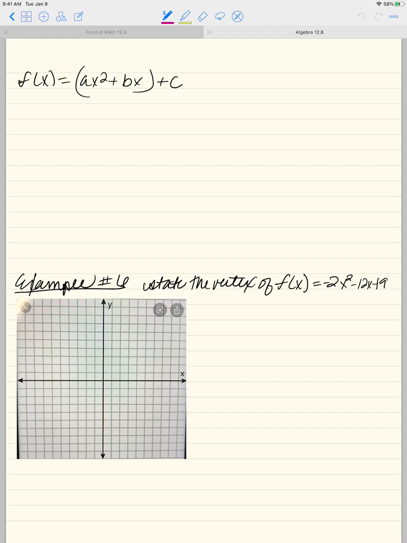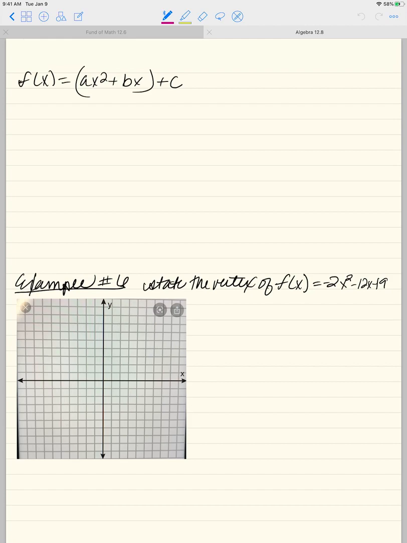If the function has a leading coefficient other than 1, completing the square is more complicated. By completing the square on f(x) = ax² + bx + c, we can develop formulas for h and k. All right, so here we have f(x) = ax² + bx + c.